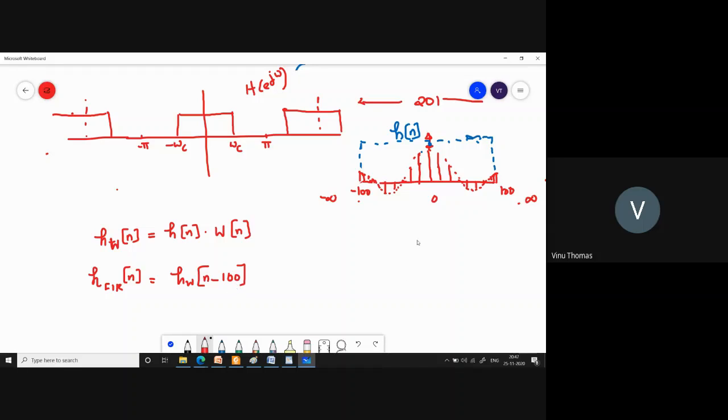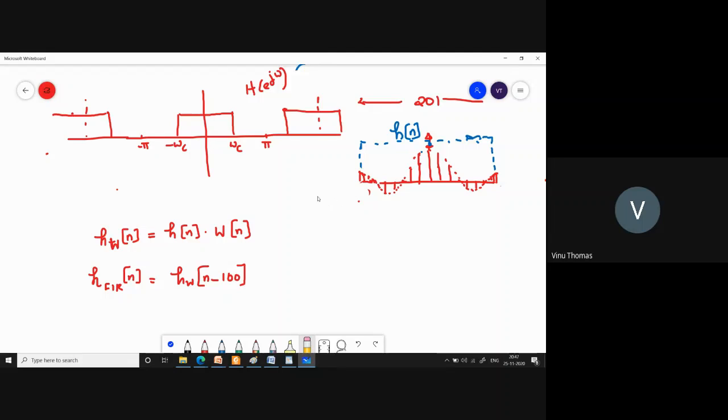Okay, so what does it mean? We are going to shift this by 100 samples to the right. Is it understood? We will shift this by 100 samples to the right. So what we'll do is now we will relabel the indices.